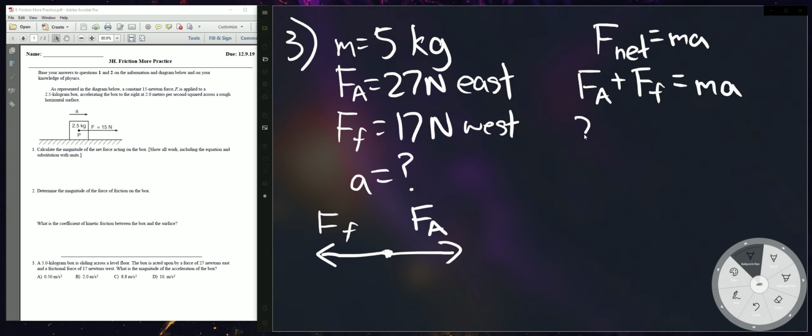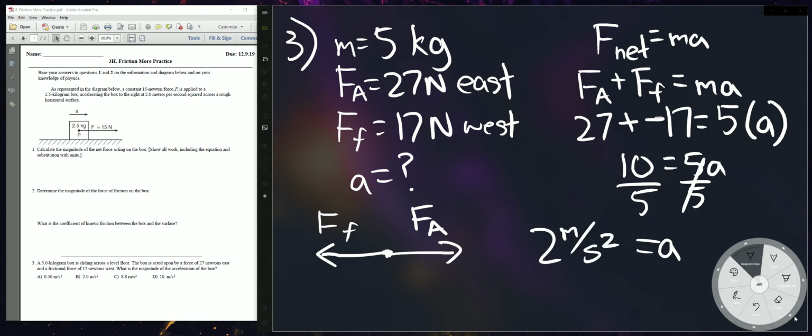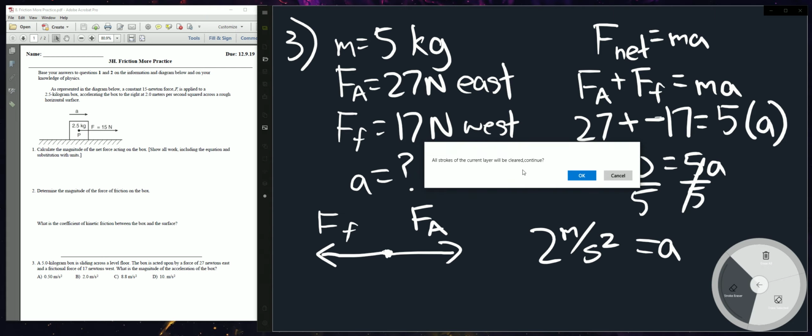What's my applied force? 27 newtons east, so it's positive. My frictional force is 17 newtons west, so it's negative. And my mass is 5. I'll finish solving for the acceleration, and you get an acceleration of 2 meters per second squared. So the answer is B.